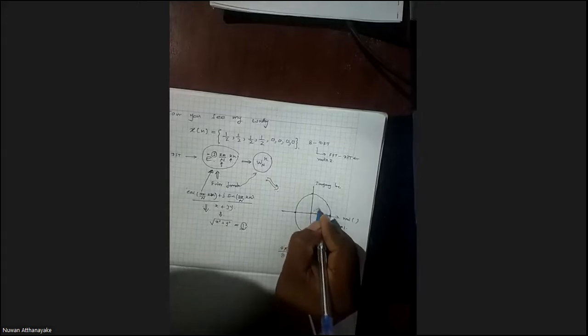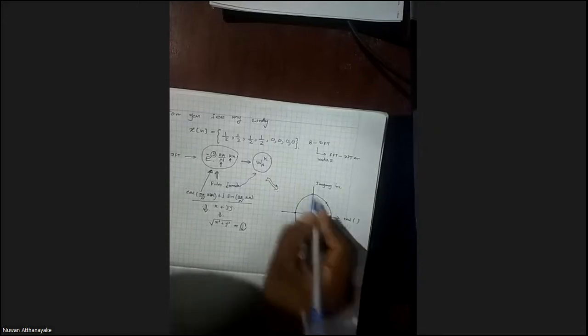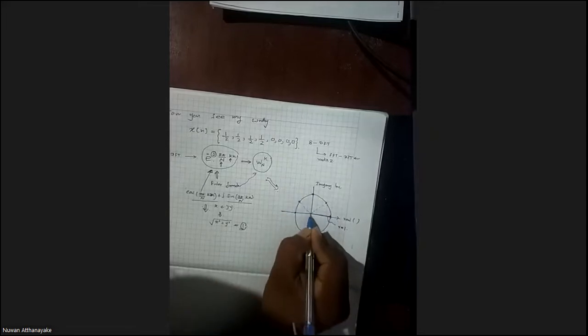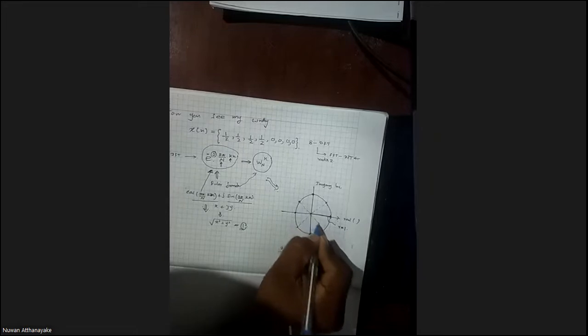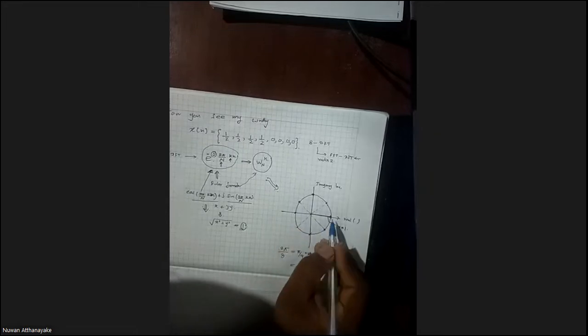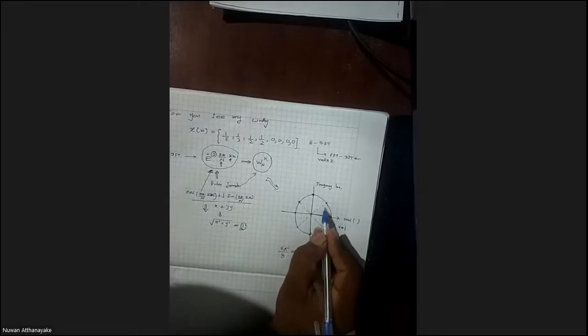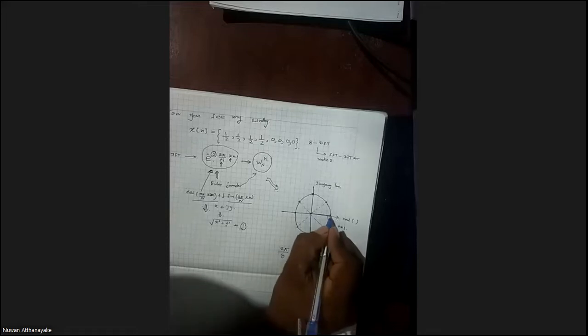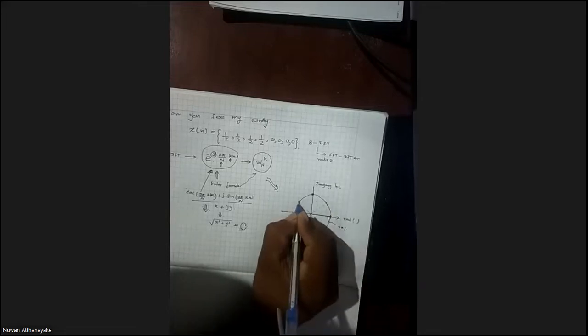I will get 45 here, and I will have 1 point and another 45 and another 45, another 45 and another 45. So I have 8 sections: 1, 2, 3, 4, 5, 6, 7, 8. So I divided this into 8.